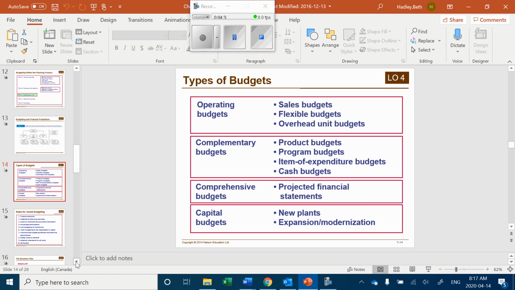So feel free to have a read through the chapter pages on budgeting. It starts on page 277 and goes over to 278, where they're talking about the operating and sales budget and the flexible budget being the cost of goods sold.